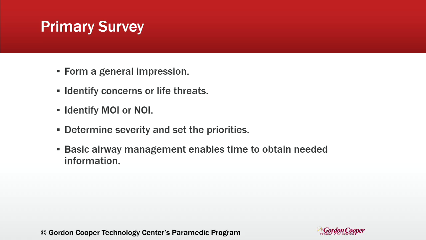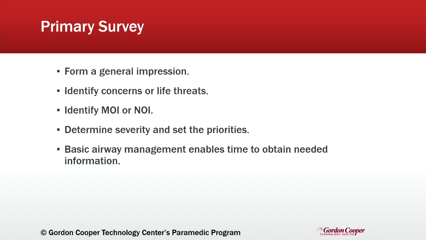So our primary survey, of course, we're going to quickly assess the patient's condition and try to form a general impression of what's going on. Look for those immediate life threats that need urgent attention, and then determine the nature of the illness, as well as looking for any kind of mechanism of injury if there's the possibility of injury.